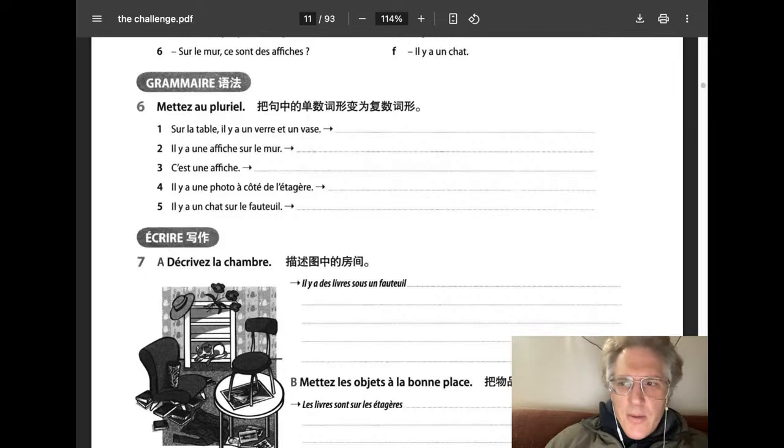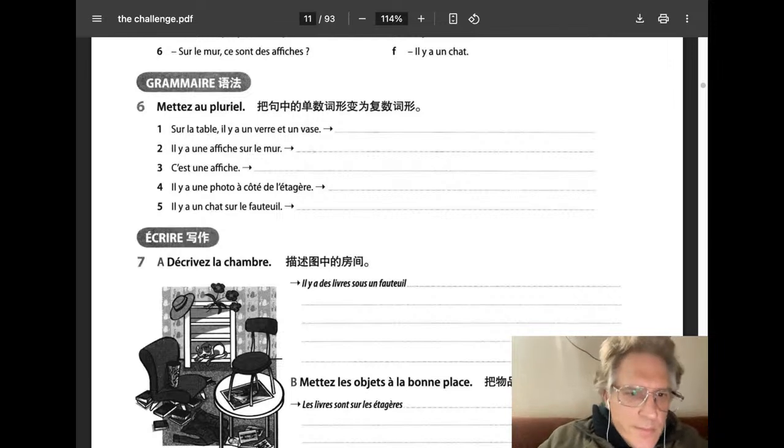I don't know about that. So my change would be il y a des affiches sur le mur.